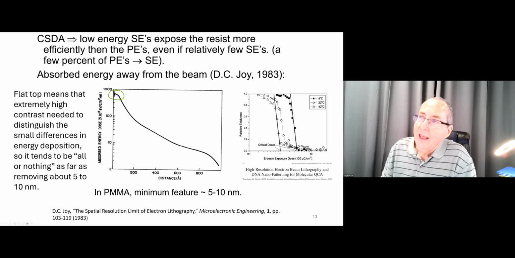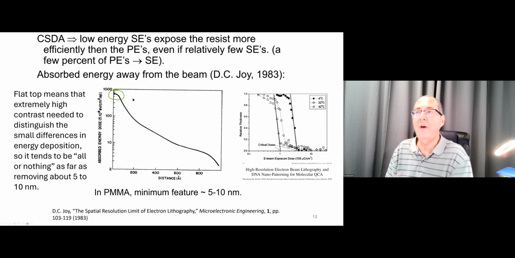And you need an extremely high contrast developer resist combination to be able to distinguish this dose from this dose if you think you're going to remove all of this material to the left and not remove all the material to the right.